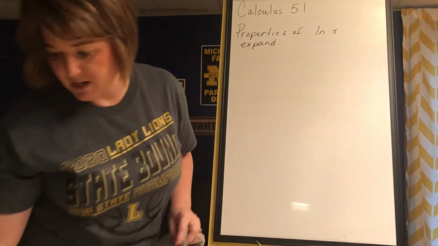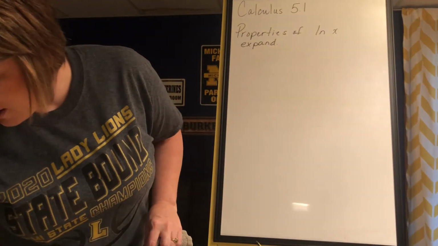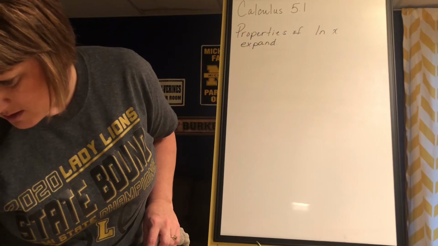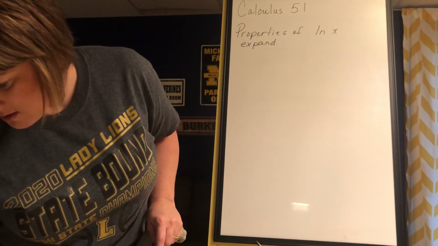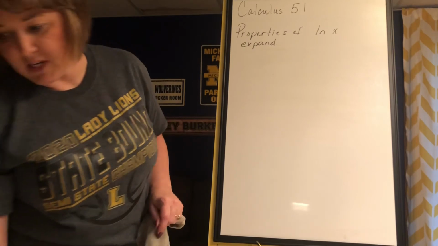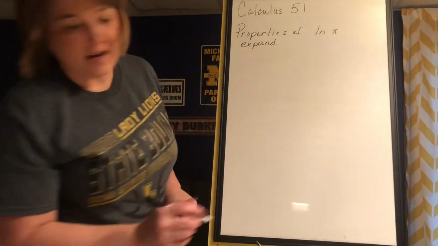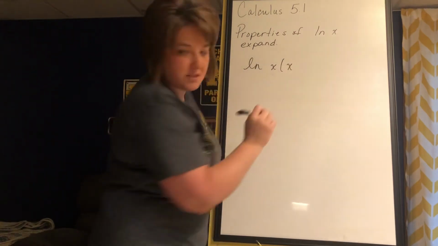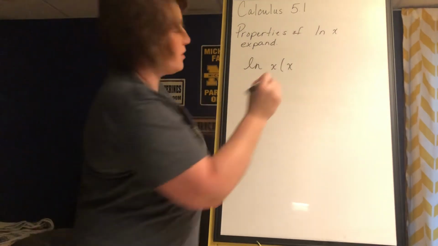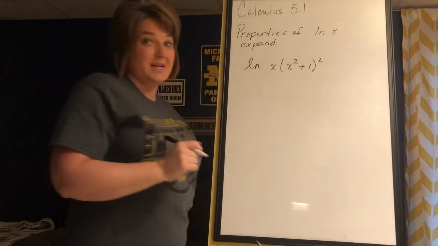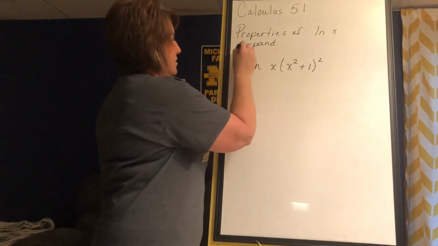Let's see if I can find another one. These all have derivatives in them, but here we go. Let's say I have ln of x times x squared plus 1 squared, and I want to expand this.